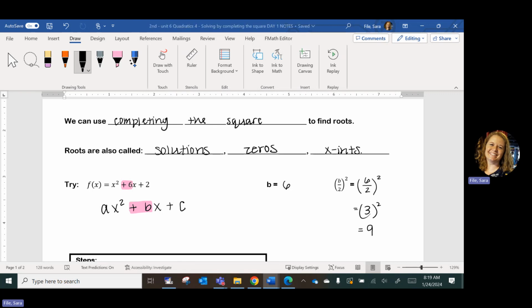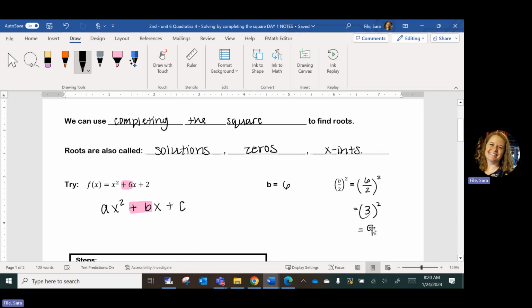Okay, now, again, when I say the parentheses are important, this b was positive. So the parentheses weren't important, but always get in the habit of using the parentheses, because had your b been negative, if it was -6 and you wrote -3 squared without the parentheses, you would have gotten -9 here, and that's wrong.